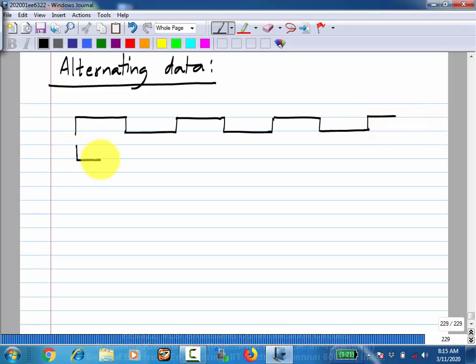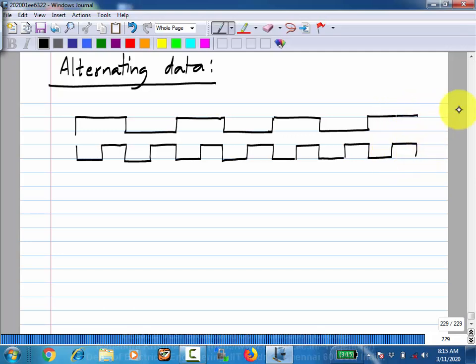And this is the clock, which I have shown as ideally being locked to the right position.